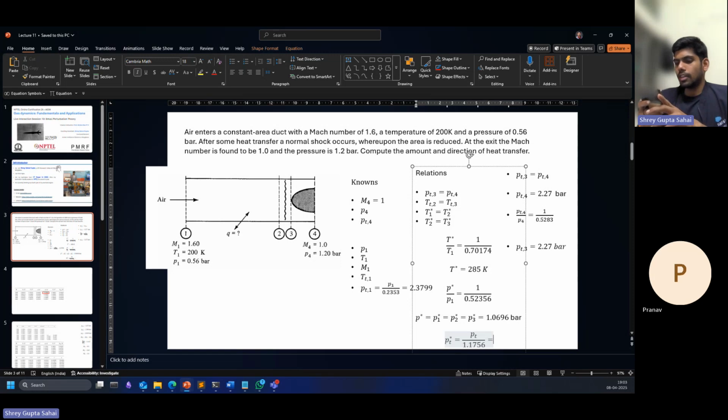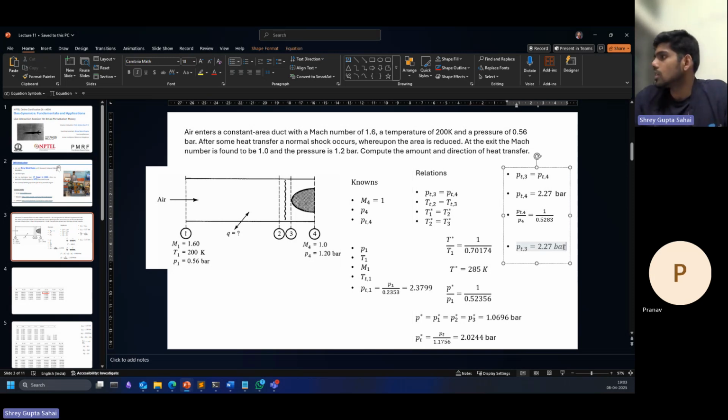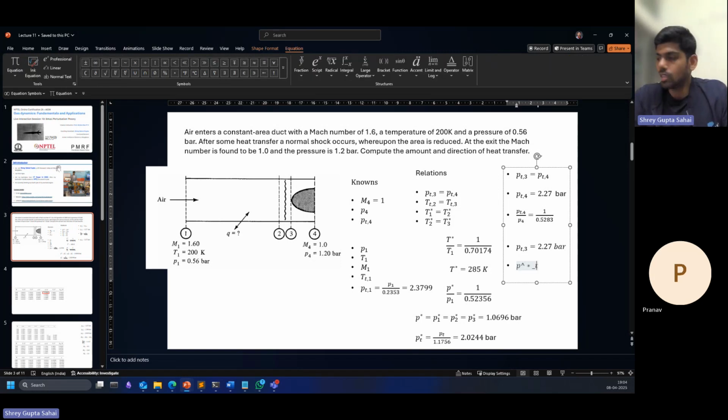So P total star we'll calculate is 2.23799 divided by 1.1756, which gives you 2.02 bars. And now we know P3 star, so we know P star total.